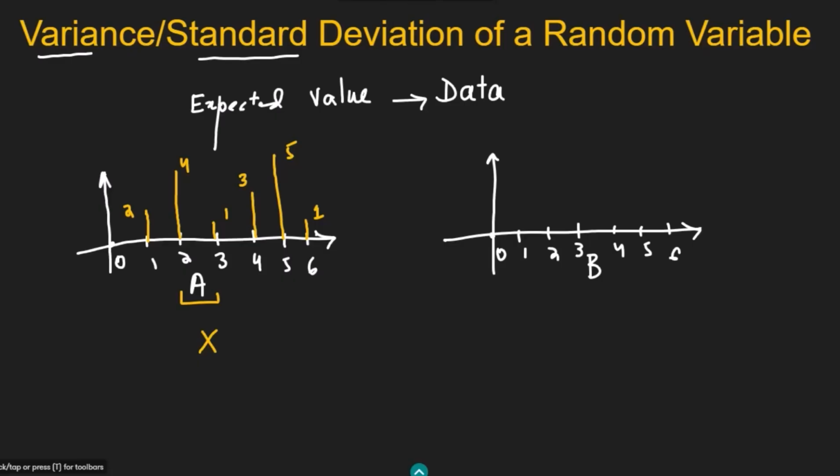Similarly for team B, let us say team B has won these matches, so let me have 2, 2, 2, 3, 2, 1. These are the number of matches the team has won.